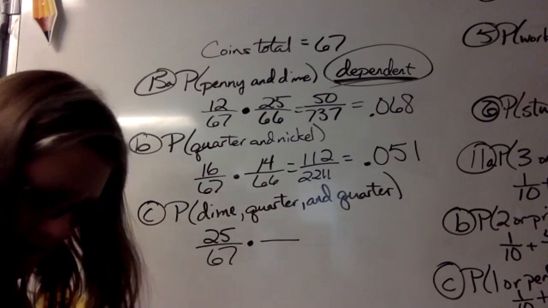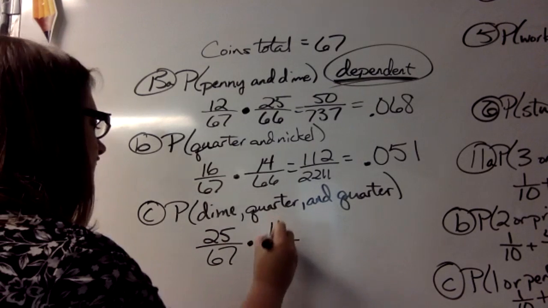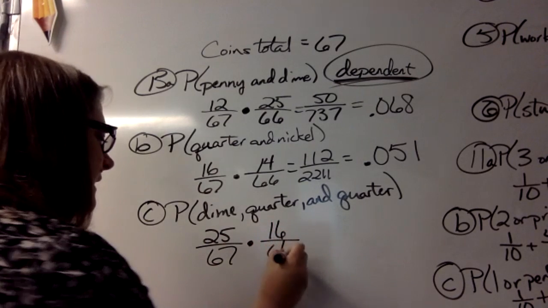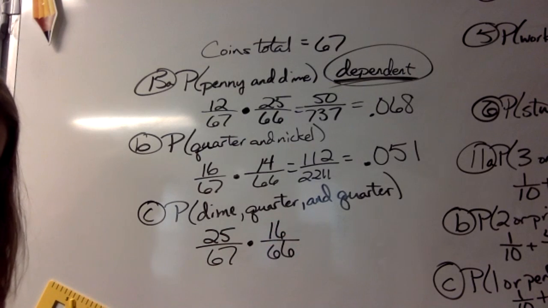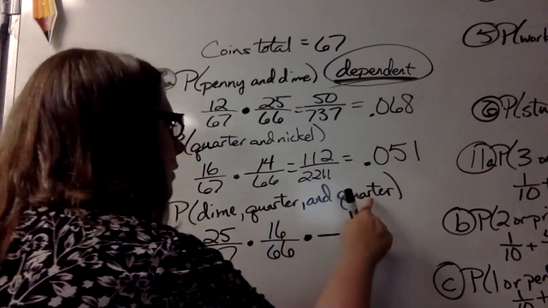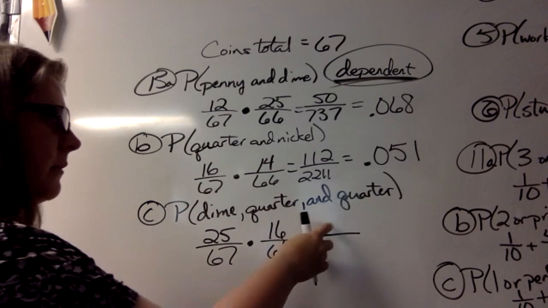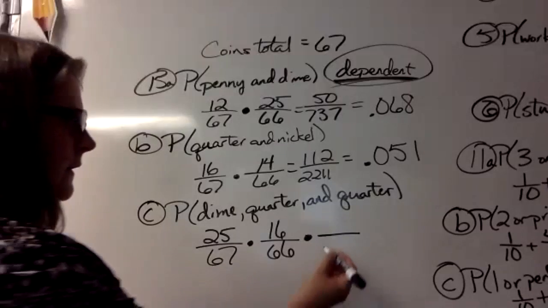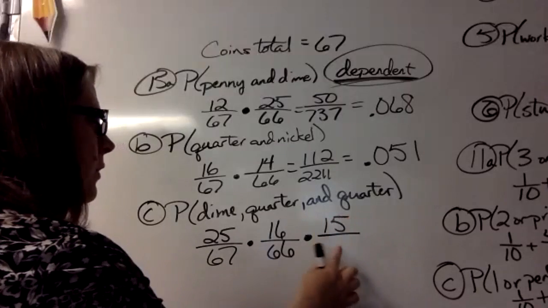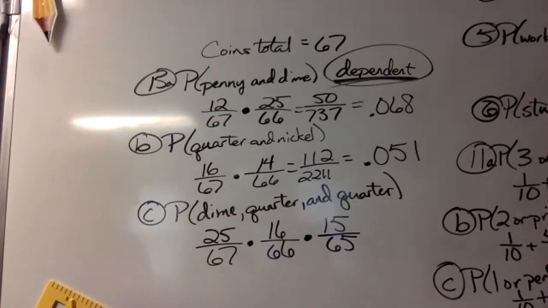My chances of getting a quarter, he had 16 quarters out of the 66 that were left in his collection. Then the chances of him getting another quarter, you got to be careful. He already pulled out 1 quarter, so how many quarters are left? 15. And how many coins are left? 65. So you have 3 fractions you multiply together on that one.